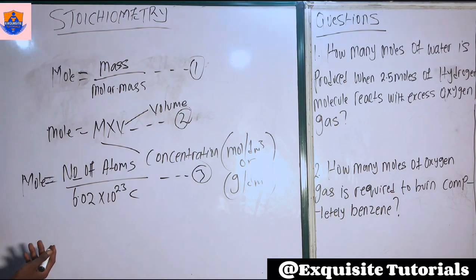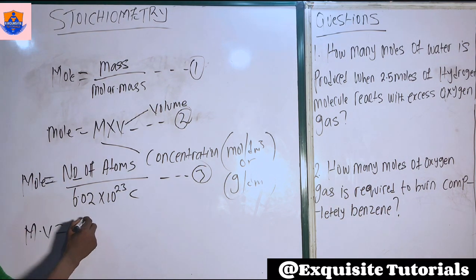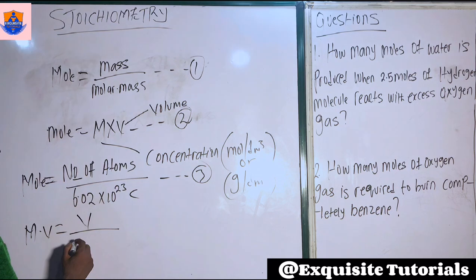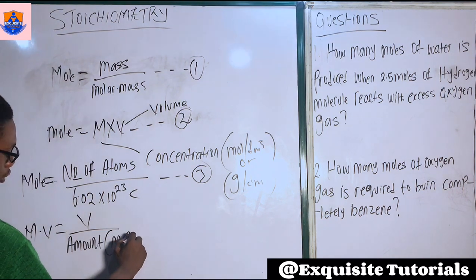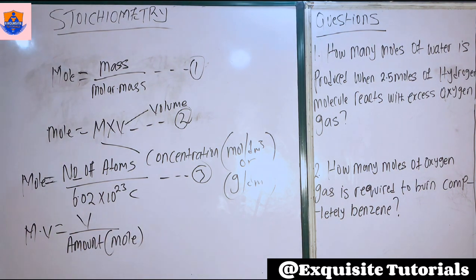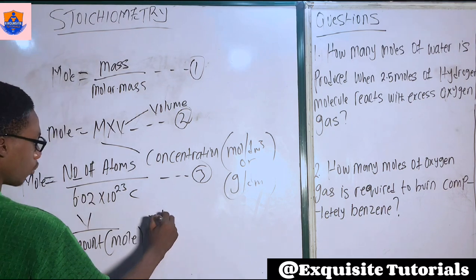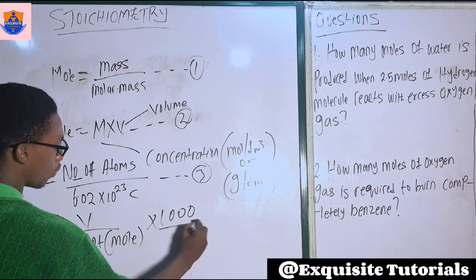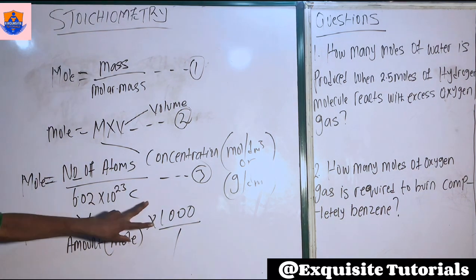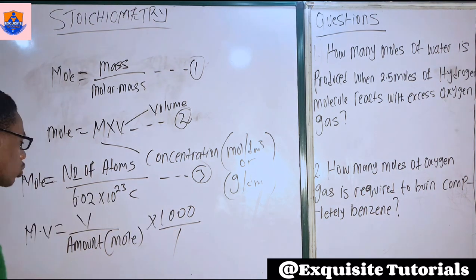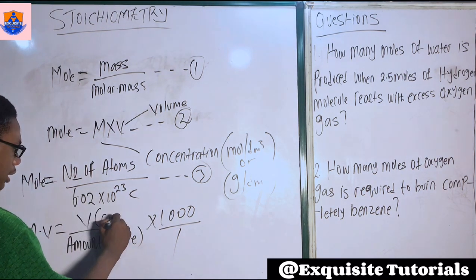Now we have another formula which says molar volume is equal to volume over amount in mole. Amount is in mole here. Now times 1000 over 1. Why are we multiplying by 1000?